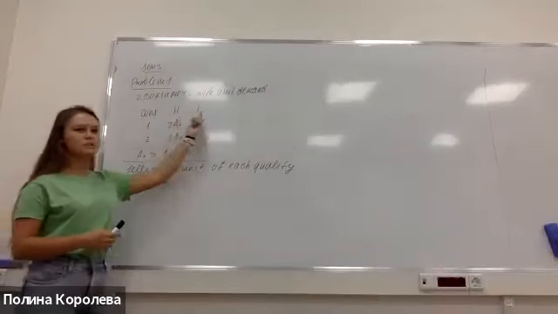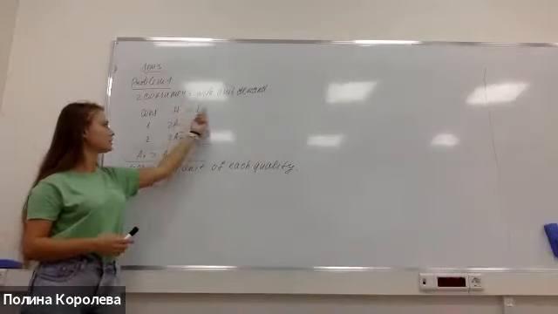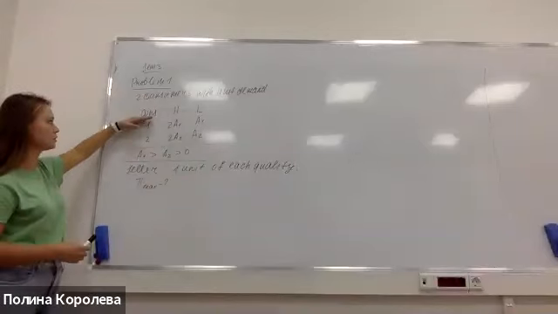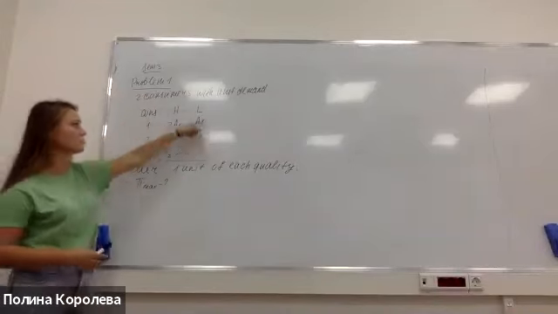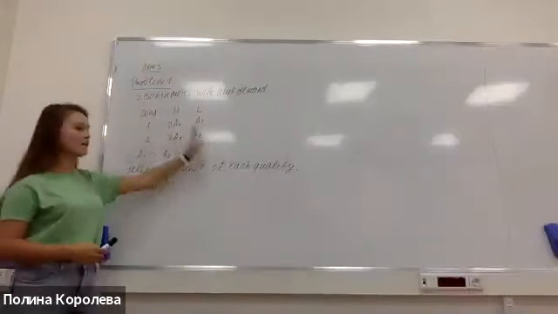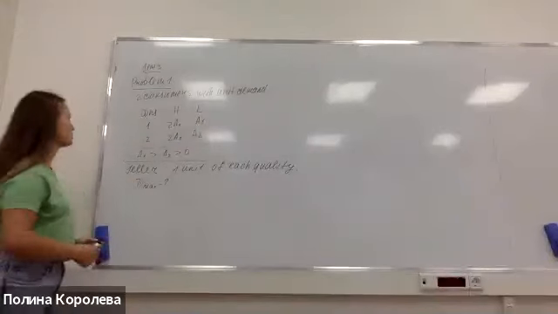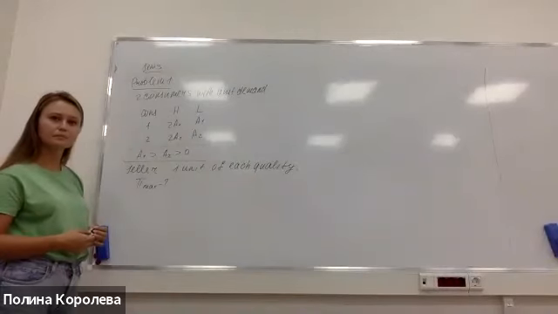Here are the types of goods, high quality or low quality. Here are our two consumers with their maximum willingness to pay for such types of the good. We should choose the first consumer because his ability to pay is high.